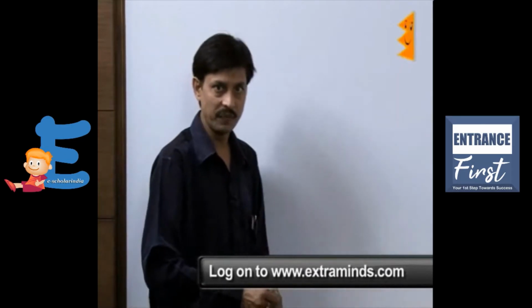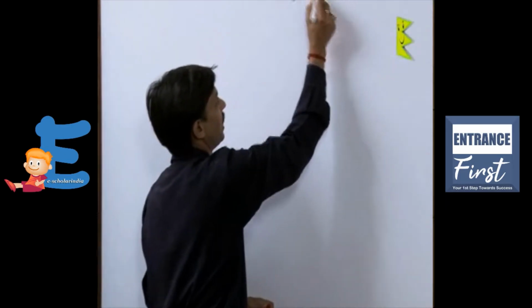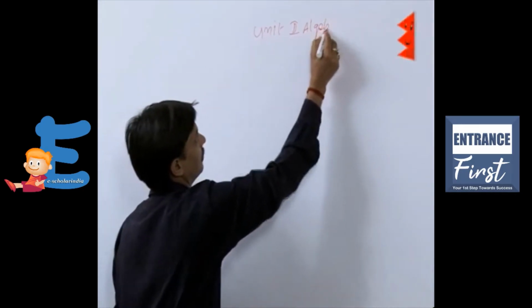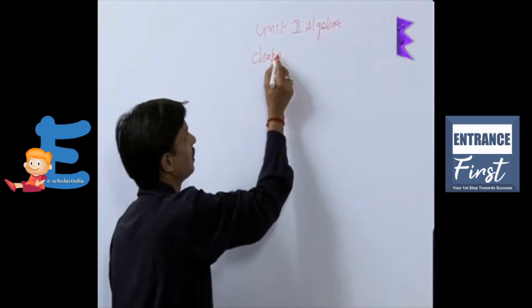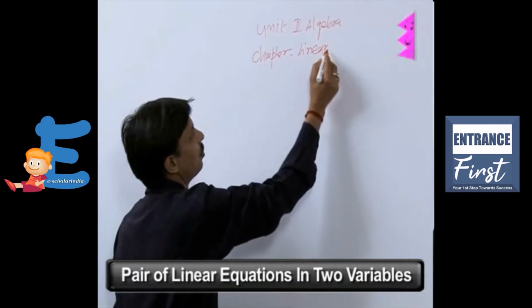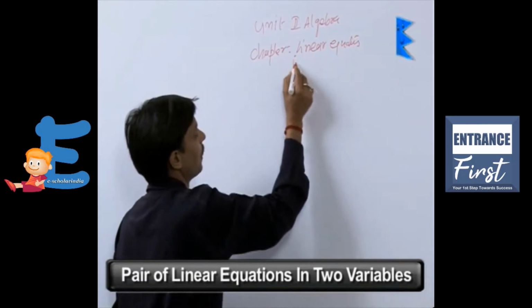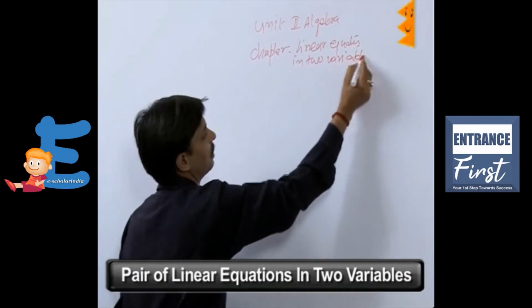If I write it here, the unit is the second, named algebra, and the chapter is linear equations in two variables.